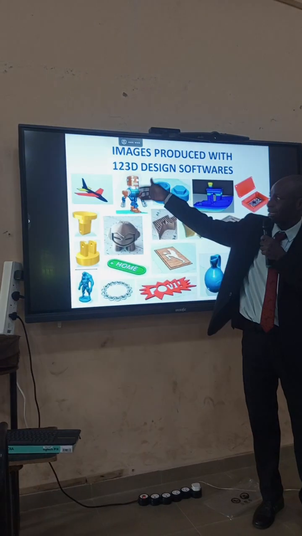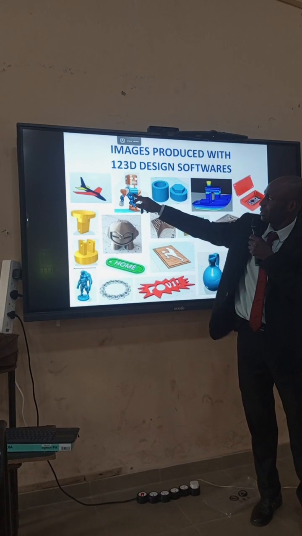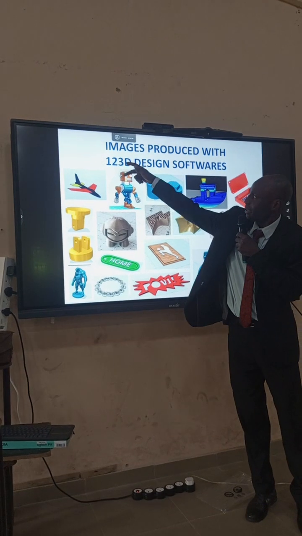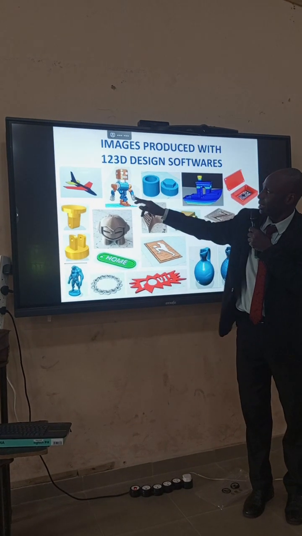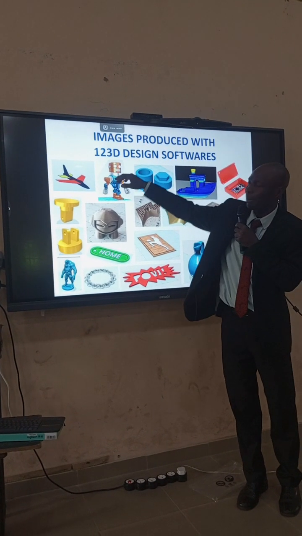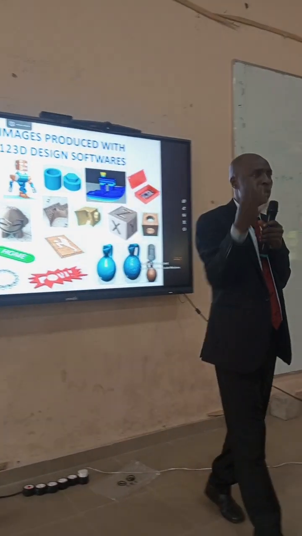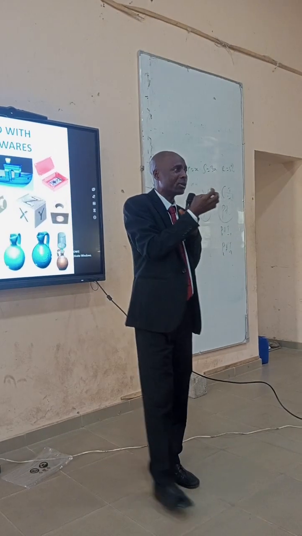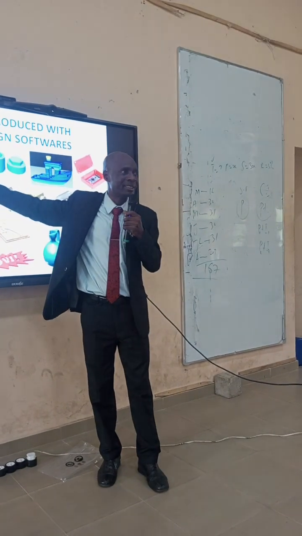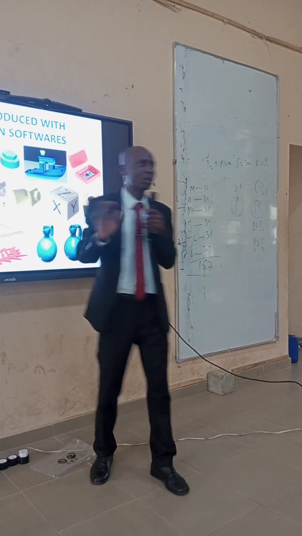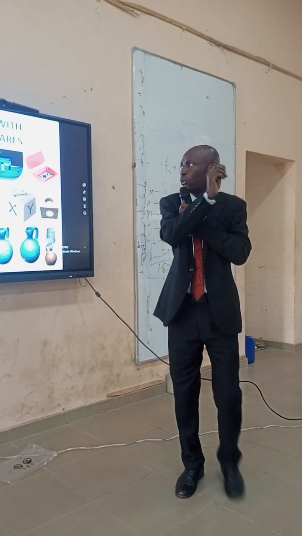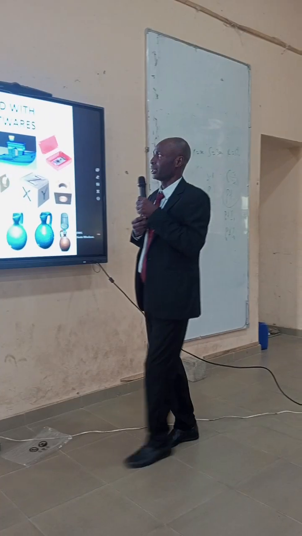But if you look at the parts, this is a cylinder, this is in the form of a rectangle. All these parts that you have here, you can easily mold, design, and couple together. It looks like a complicated part, but it's not complicated at all, because you design them one after the other and put them together.